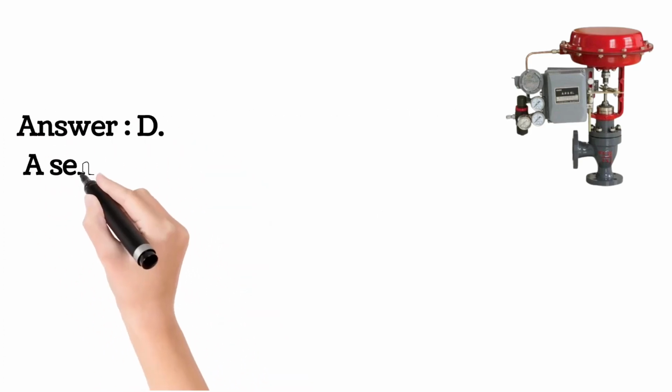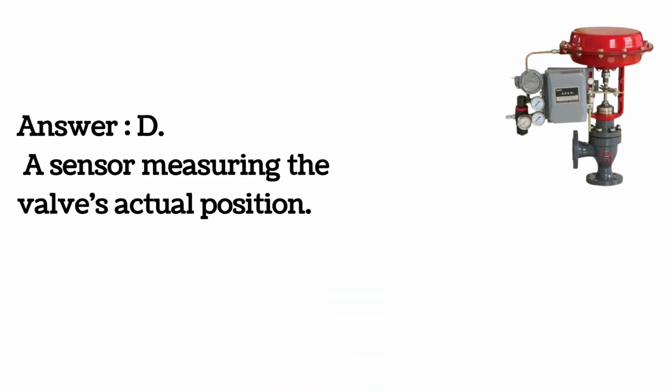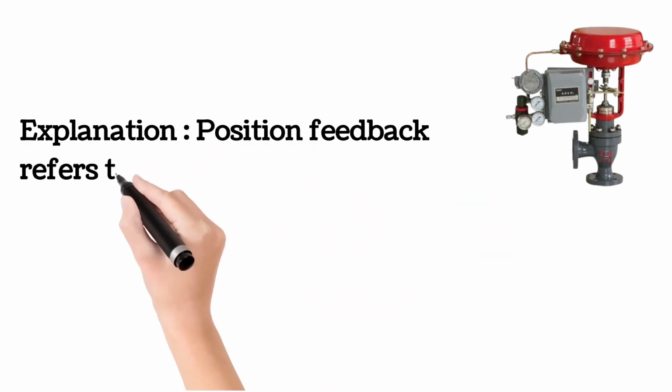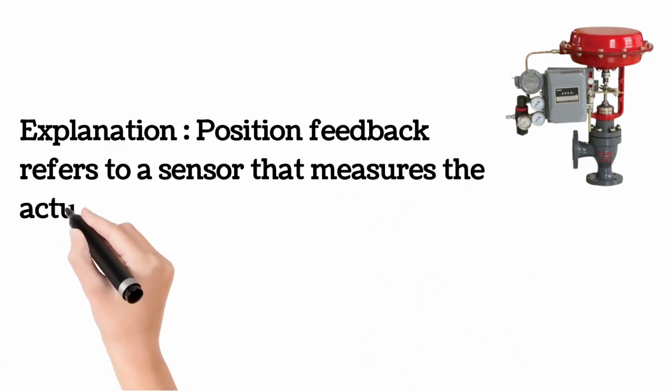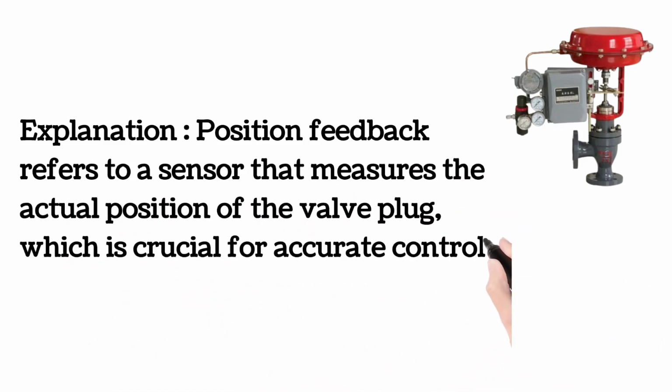Answer is D. A sensor measuring the valve's actual position. Explanation: position feedback refers to a sensor that measures the actual position of the valve plug, which is crucial for accurate control in a closed-loop system.